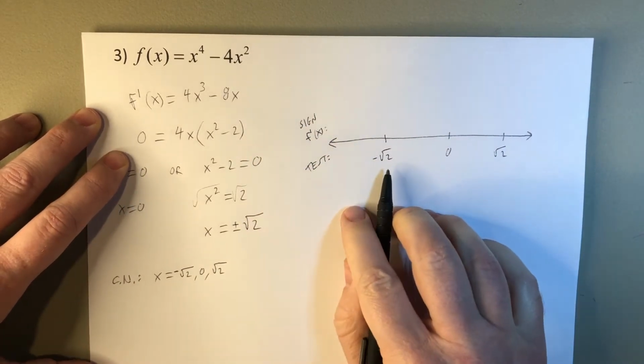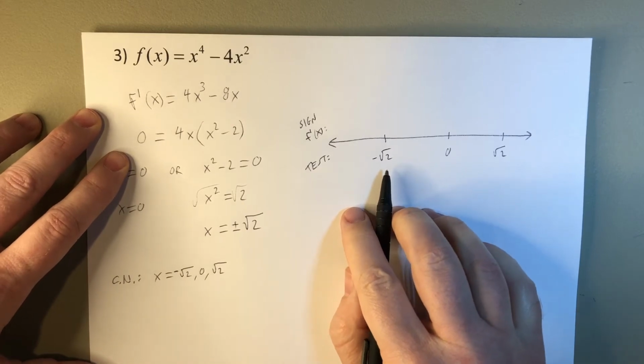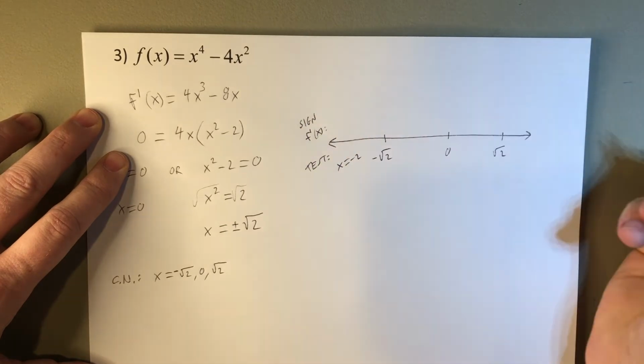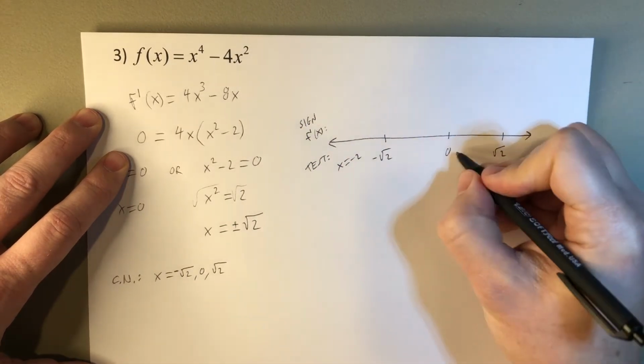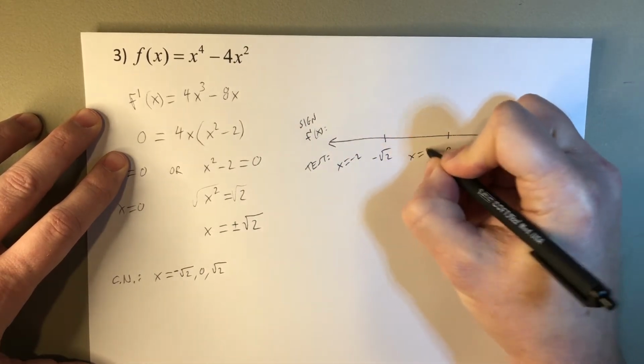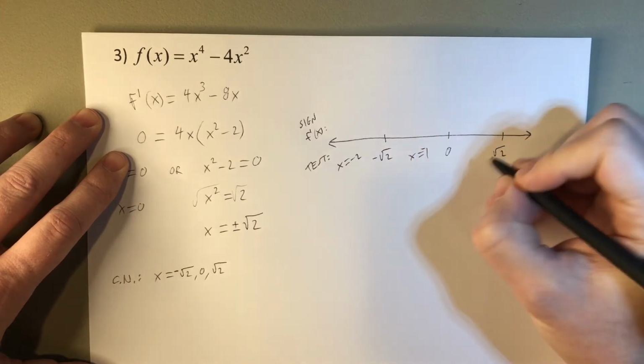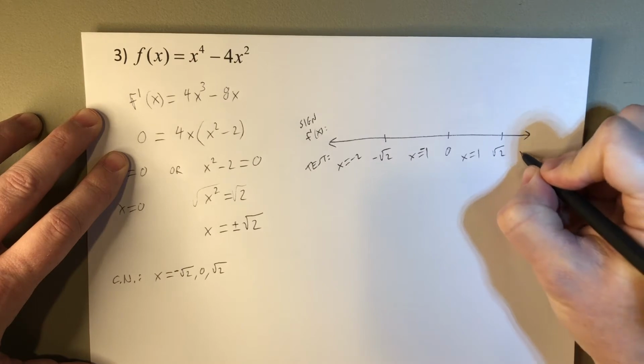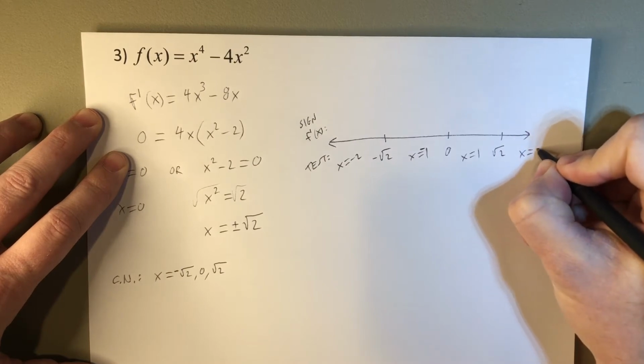So negative radical 2 is what? Negative 1.732, so negative 1.7. So maybe use negative 2. And then maybe use, what, 1? Or excuse me, negative 1. And then positive 1. And then positive, I don't know, positive 2.